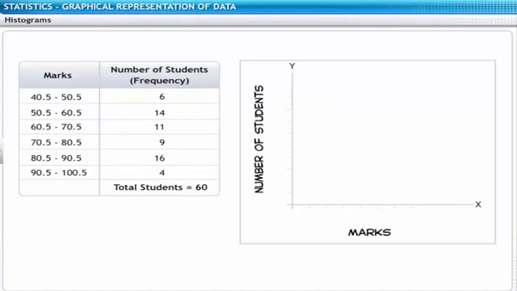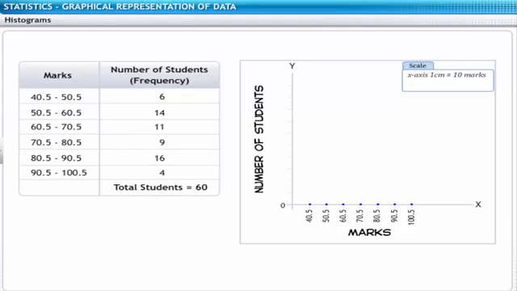Next, we'll choose a scale to mark the class intervals in the marks column on the x-axis. Let's take 1 centimeter equal to 10 marks. Since there are 6 class intervals, we mark 6 equal lengths of 1 centimeter on the x-axis. Note that since the class intervals are continuous, we will not leave any gap between them on the x-axis.